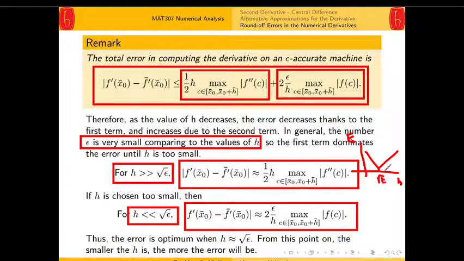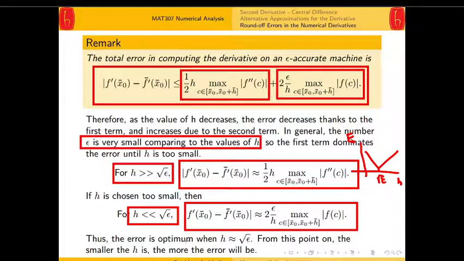Until we arrive at h equal to root epsilon, the error will decrease, and from that point on, the error will increase. So we observe that the optimum value of the error will be obtained when h is approximately equal to the root of epsilon, the machine epsilon.